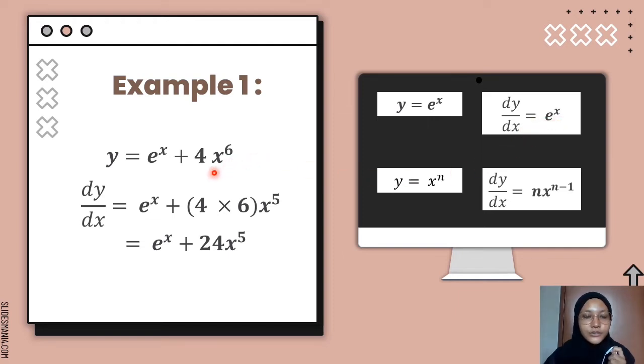Next we move to the second part, which is 4x to the power of 6, and we use this formula. We bring down 6 to the front and multiply by 4, and we subtract 1 from 6, so we get 5. Then we get dy dx equals e to the power of x plus 24x to the power of 5.